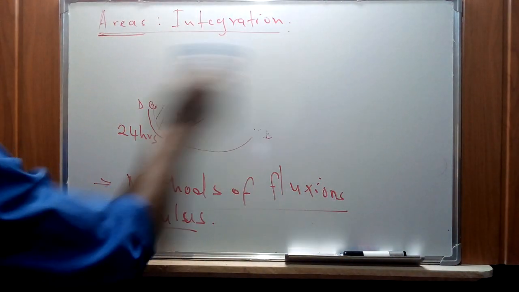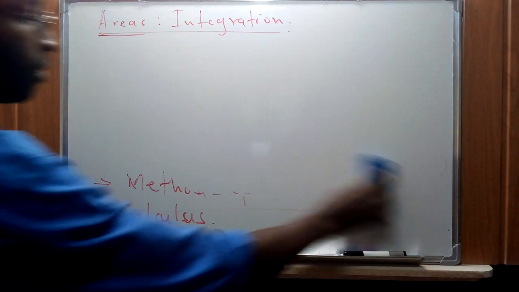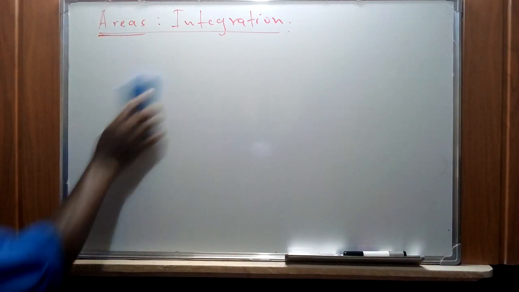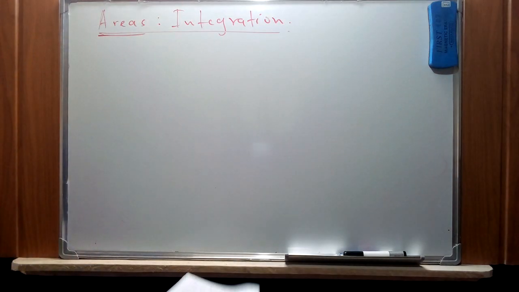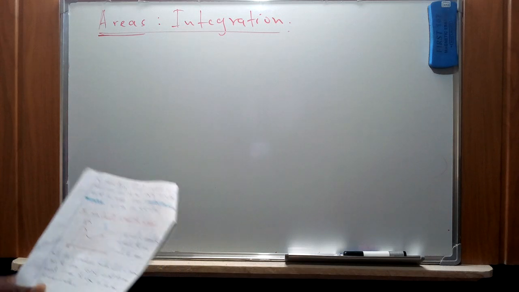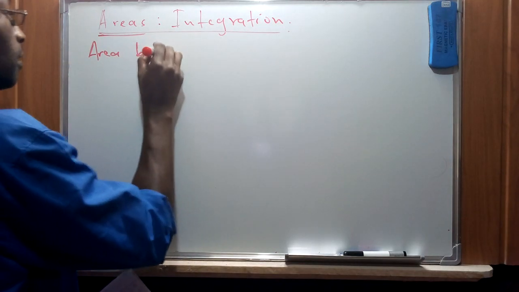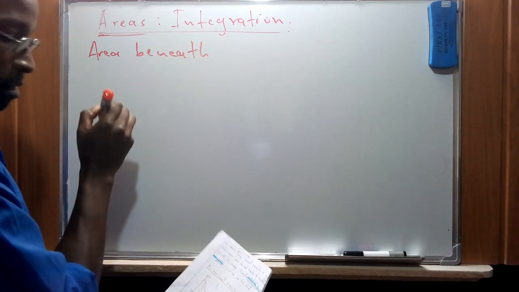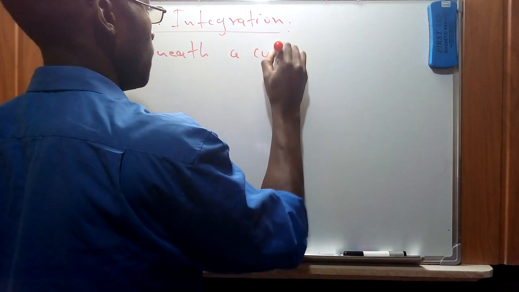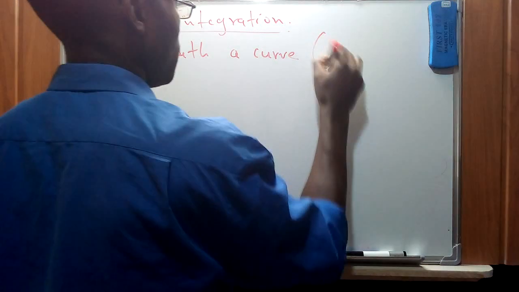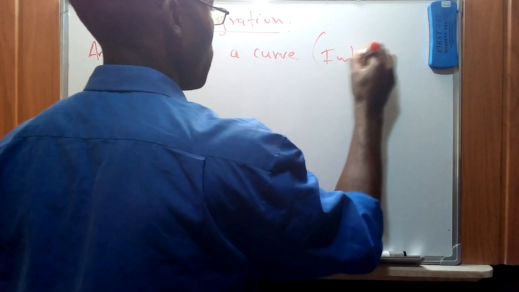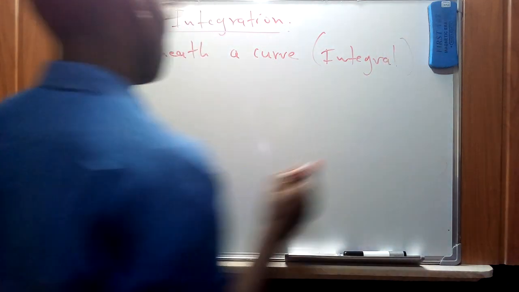So that was a slight connection between the work being done earlier by mathematicians and scientists trying to find areas beneath the curve. So let's look at this concept of area beneath a curve, that we're going to refer to as an integral.